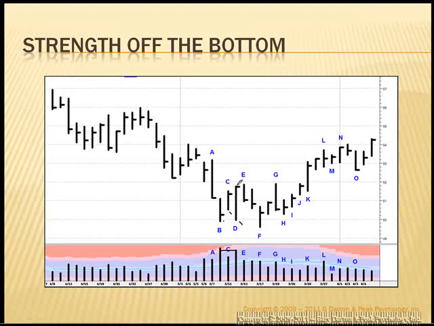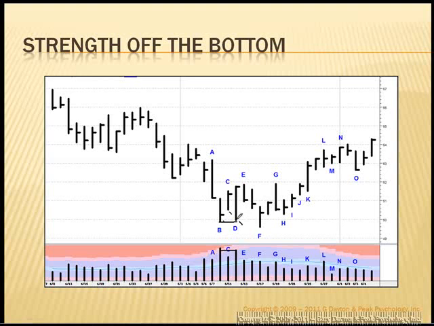Closing on its highs. Now, think about this. What happened on this bar? We don't use the open because it doesn't really add much information. But what we can say is that sellers probably came in the morning and tried to push the market down. And they got it down to the lows of B, or close to the low of B, right?